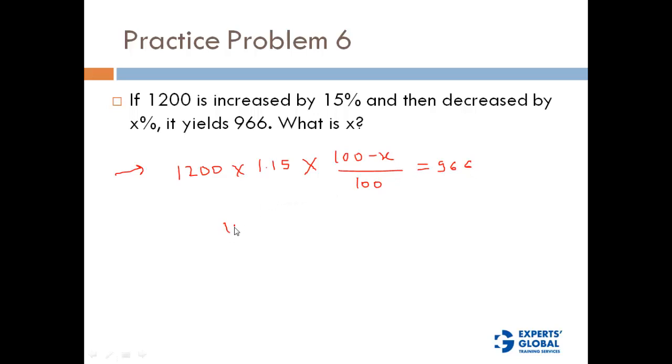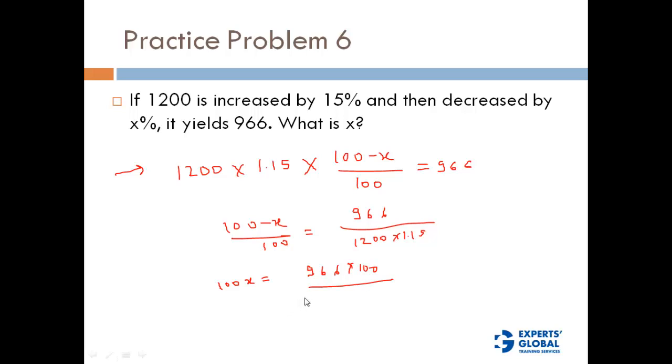So all we have to do is to find out 100 minus x divided by 100, which is 966 divided by 1200 into 1.15. Rather, 100 minus x is equal to 966 into 100 by 1200 into 1.15, correct?